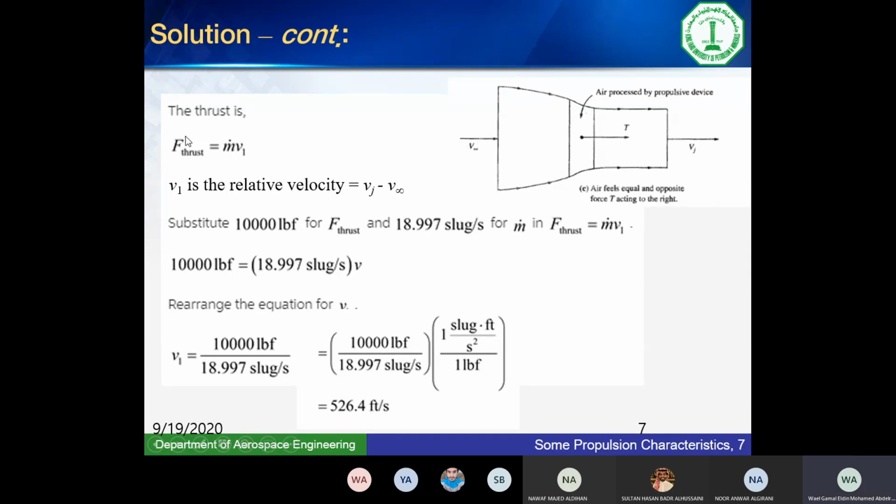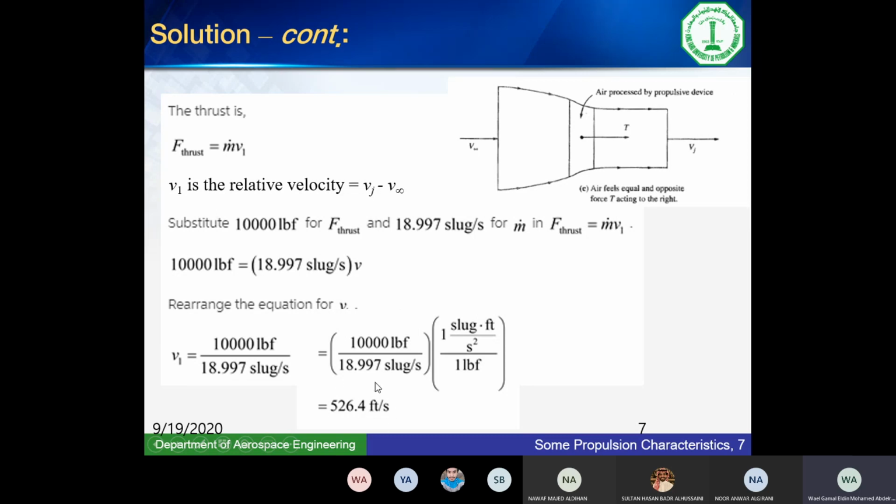Remember, I know the thrust to be 10,000. The only unknown here is V1, or the change in the speed. V1 is V jet minus V infinity. So the thrust, 10,000, divided by 18.997 gives me a V1 of 526.4.